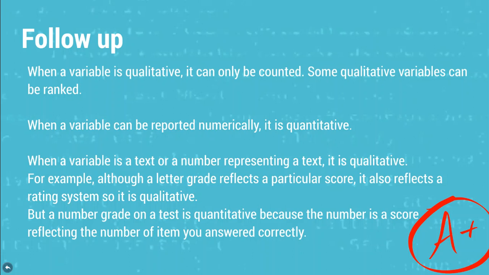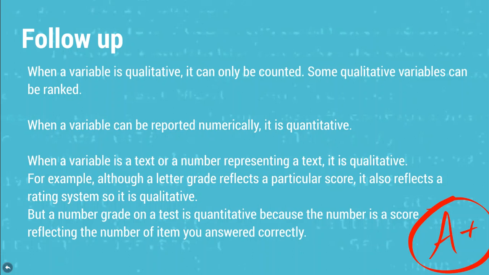Something that can be kind of confusing is when a variable is text or number. For example, although a letter grade reflects a particular score, it also reflects a rating system, saying, hey, A is you passed superiorly, where F is you failed, and that's a quality of your work.